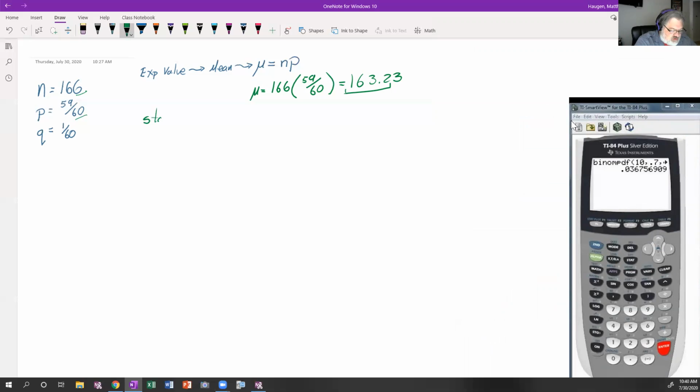So, standard deviation. And again, because it's a population, it's sigma. And again, we've got a comparatively nice formula. That's the square root of NPQ, or your book likes NP times 1 minus P, whichever.